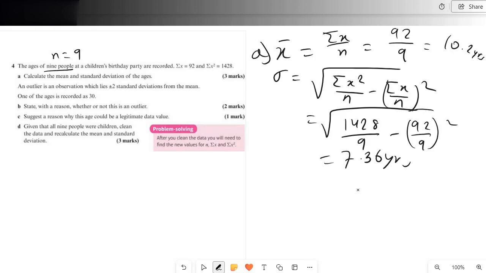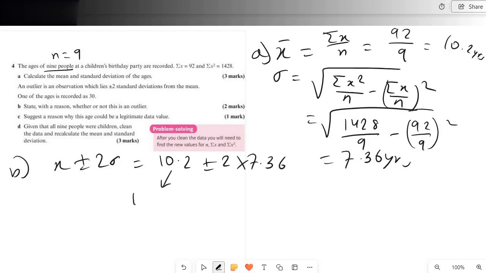So here we can see that an outlier is going to be a value which lies outside mean plus minus 2 standard deviations. So first, let us evaluate that value, which is going to be x bar plus minus 2 standard deviations, meaning it's going to be 10.2 plus minus 2 multiplied with 7.36.